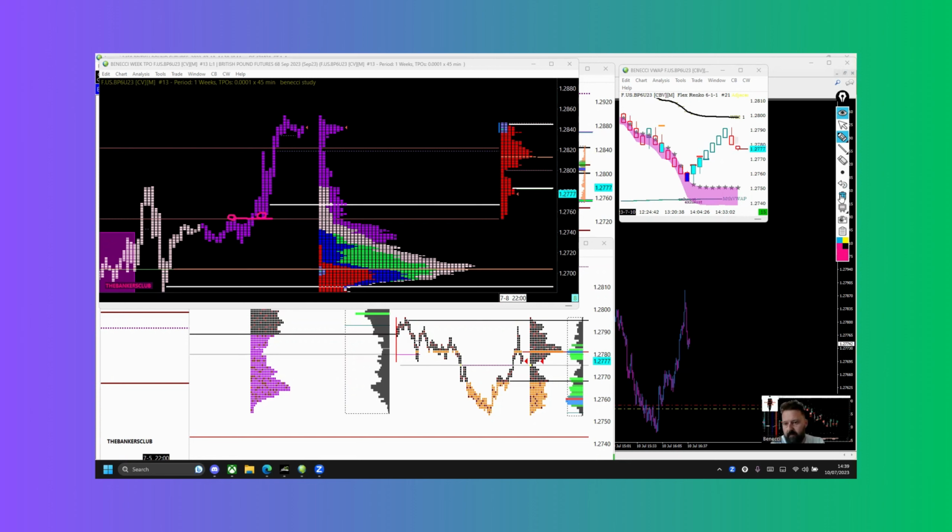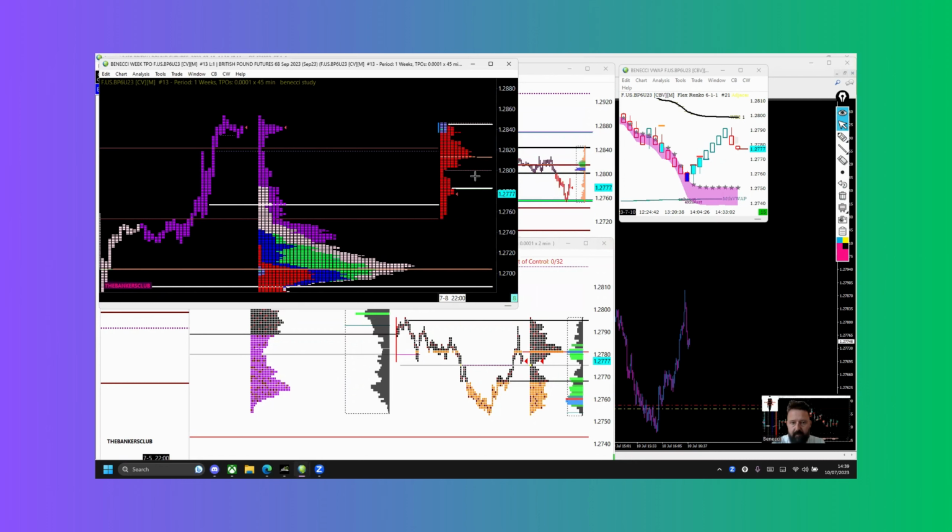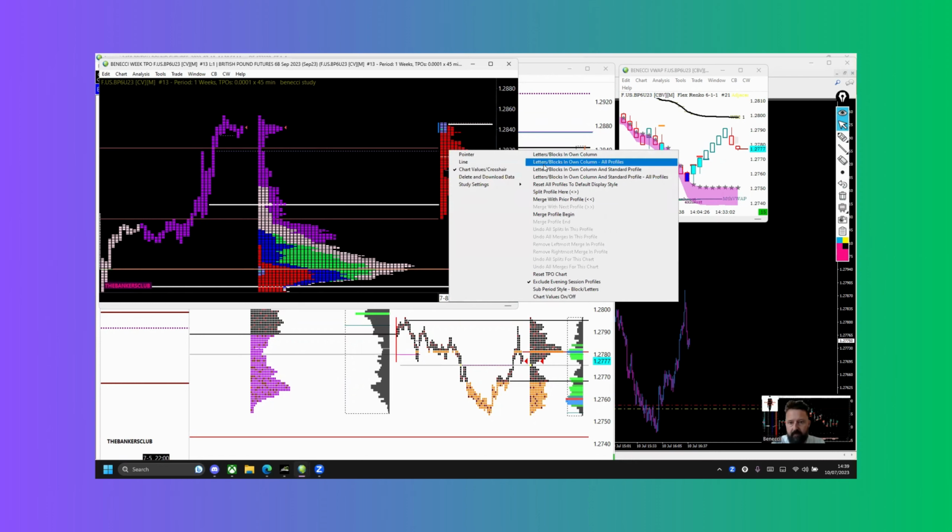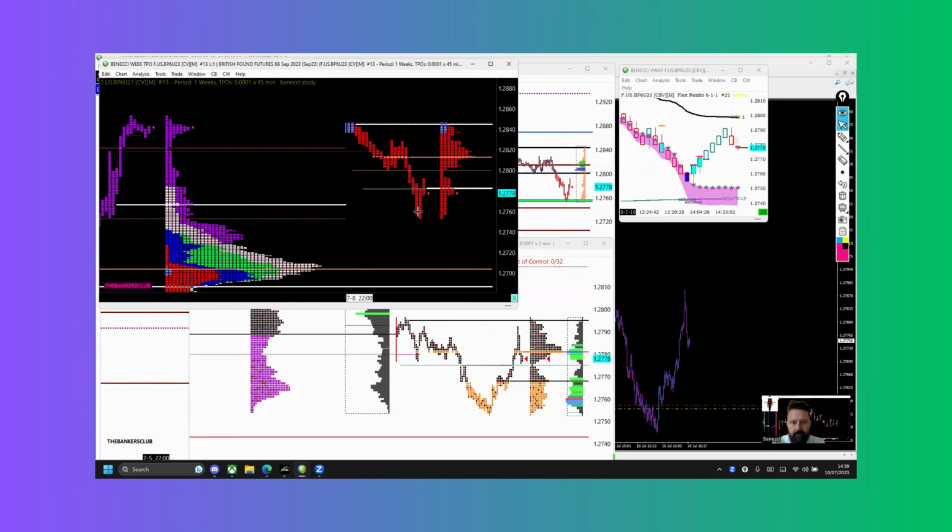So that's the weekly. Let me make that smaller now and show you the daily. You can see we rejected from there. Let me open this profile quickly for you to see. We come down to the pip into that high volume node and rejected.